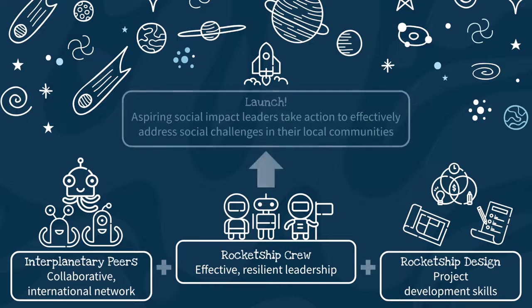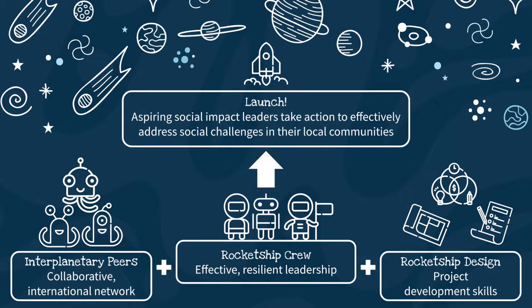All of these strategies enable social impact leaders to successfully launch their rockets or their programs to address social challenges in their communities. Using a metaphor can help you think about the relationship between your theory of change elements differently, and also make it more interesting and inspiring for your stakeholders.